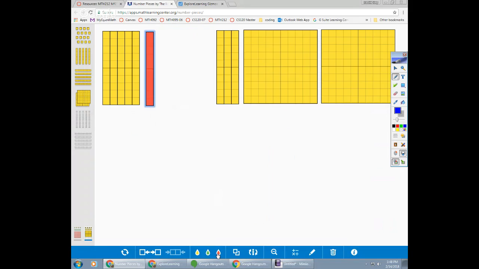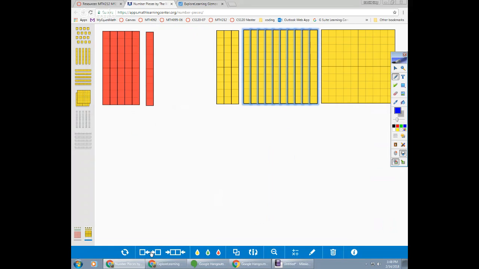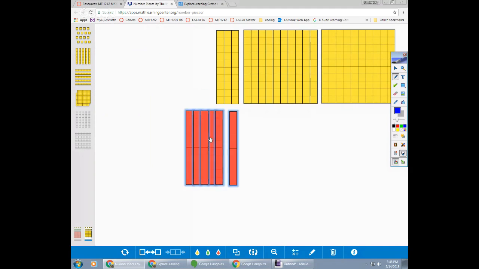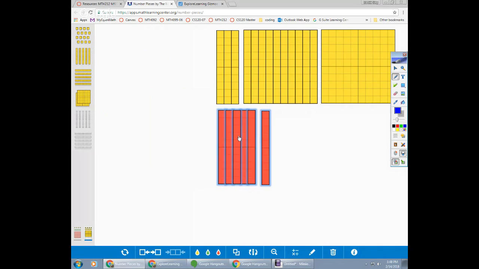And let's change their colors. Okay, so here's my 6/10, and I'm comparing that to 2 and 3/10. The problem is they're not directly comparable. So I've got to trade in one of these here. Let's break it up into pieces, and then I can do my comparison. Take these and line them up.